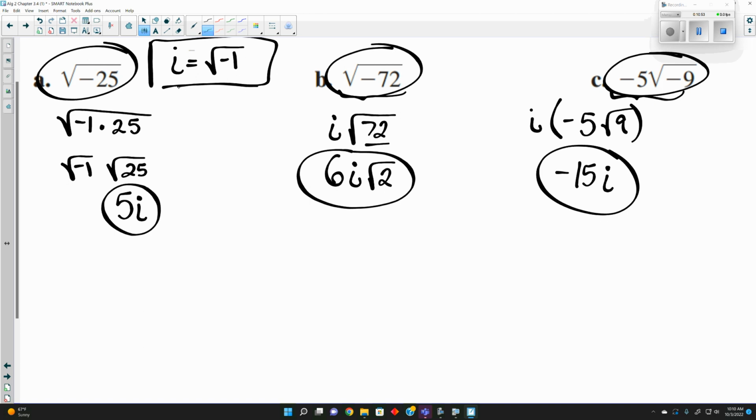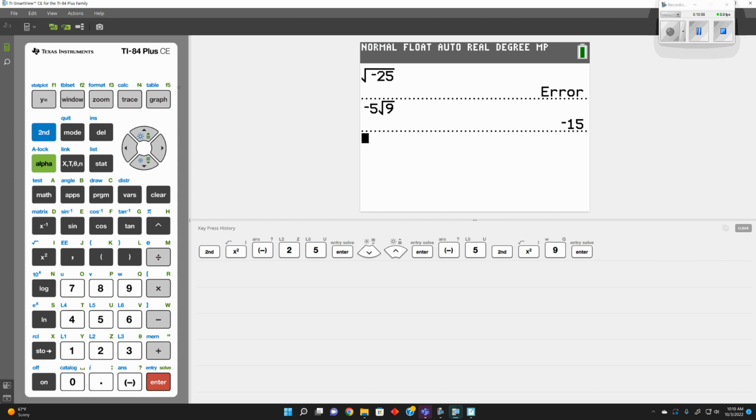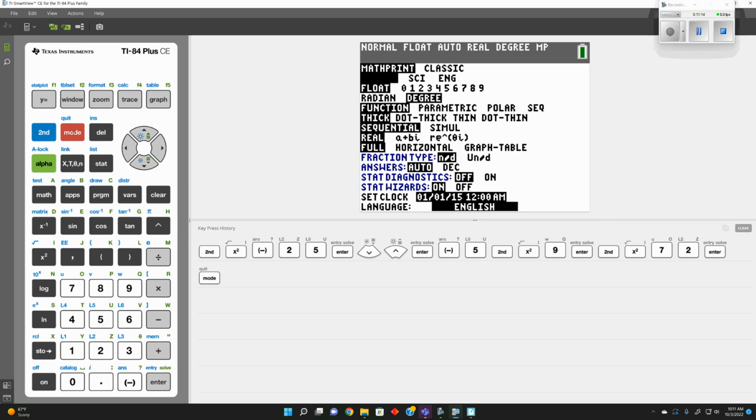Now, the graphing calculator, we've already stated, does not like radicals. So second square root 72, it doesn't like it. Well, it's not that it doesn't like it. It doesn't leave it in radical form. But it does good with perfect squares, yes? Now, under mode, there is this one that's called real, yes?